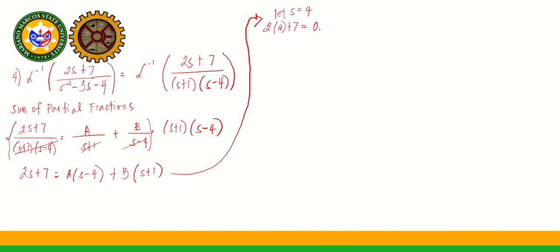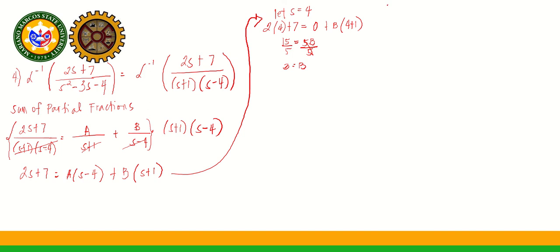So lagay na lang natin 0 dyan. Plus B times 4 plus 1. So 2 times 4 is 8 plus 7, that is equal to 15. And this is 0. B times 4 plus 1, that is 5B. So dividing both sides by 5 to solve for B, B is equal to 3.